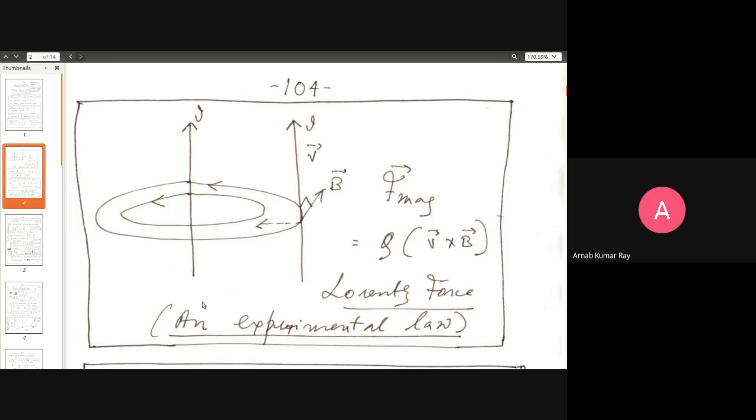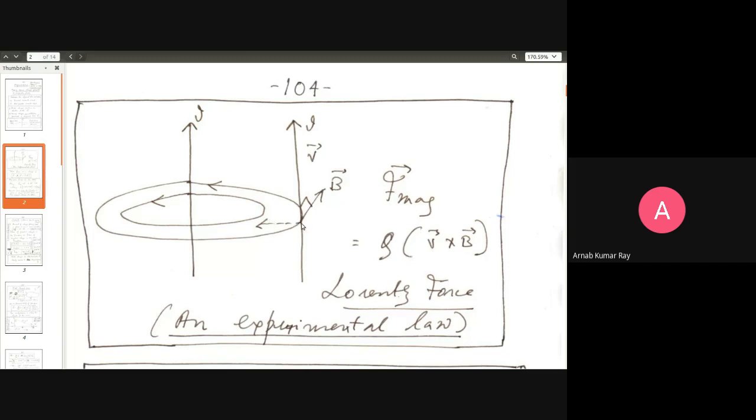But you have equivalently treated the flow of electrons going downwards as a flow of positive charges going upwards. So if you keep a static charge over here, it will feel no force of any kind. It is because there is this velocity V that you feel this Lorentz force.